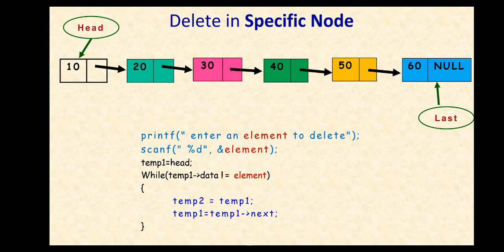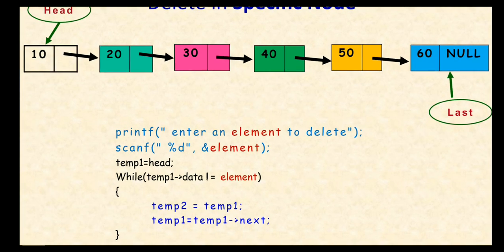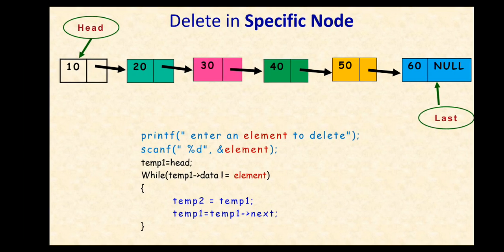Initially I took temp1 is equal to head, means the travel starts from the first node. I am verifying whether temp1 data is equal to the element to be deleted or not. The element to be deleted is 40 and here the value is 10, so the condition temp1 data not equals to element is true.